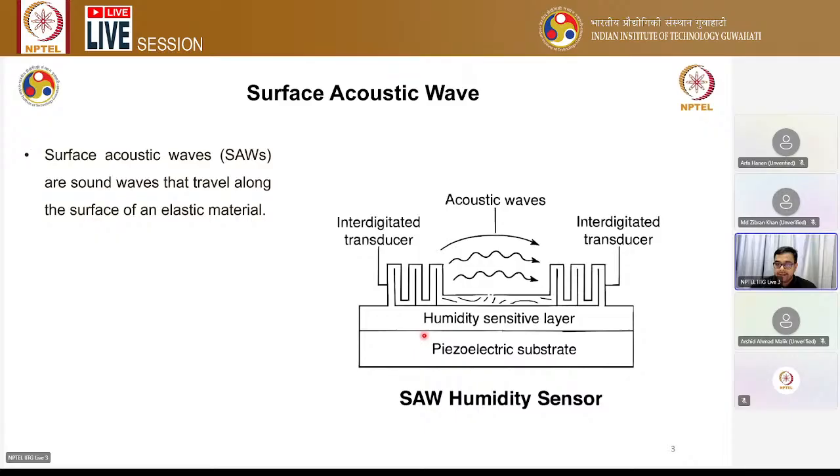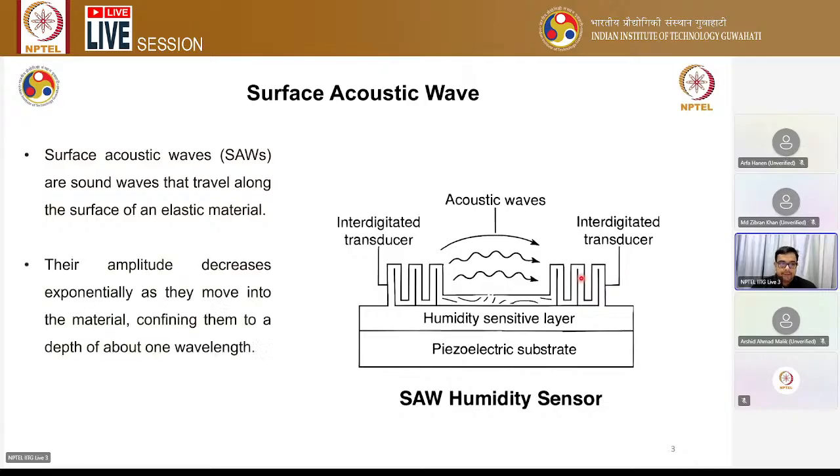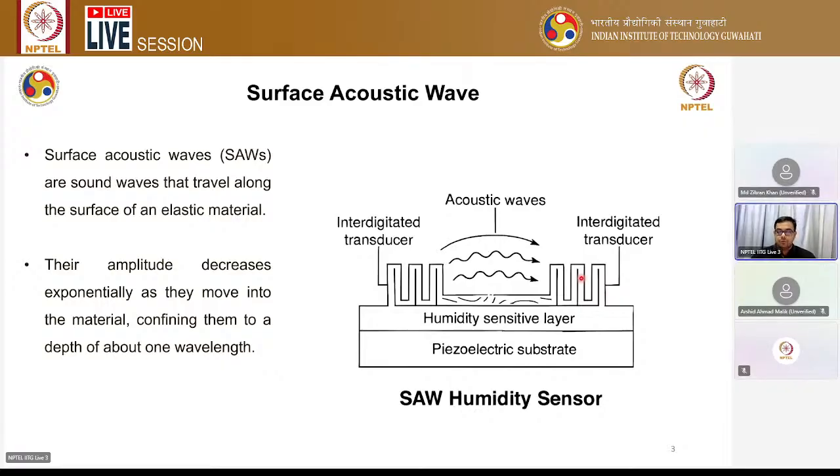For a humidity sensor, this was a configuration where you have two interdigitated transducers. One is for the generation of the acoustic wave, and the other is at the receiver side. The amplitude of this SAW wave decreases exponentially as it moves into the material, confining it to a depth of around a wavelength.